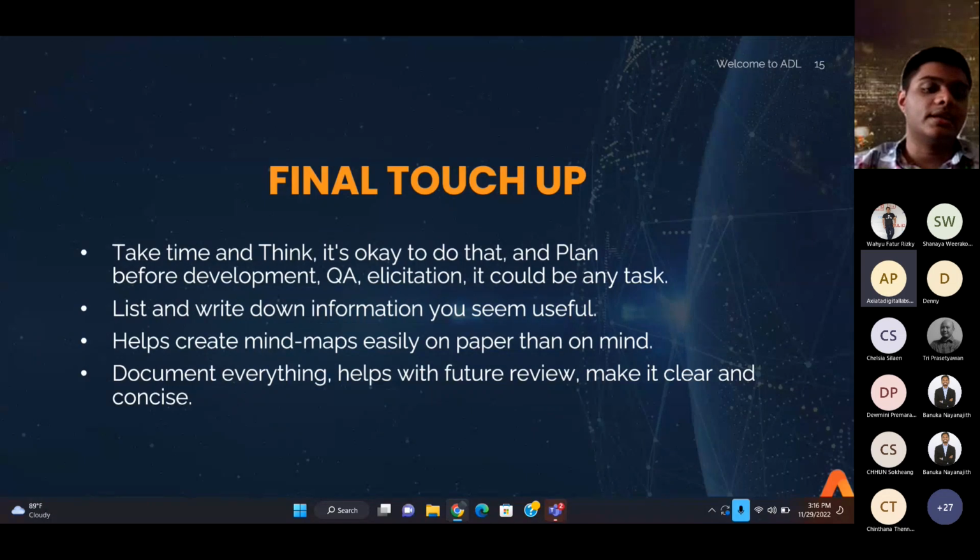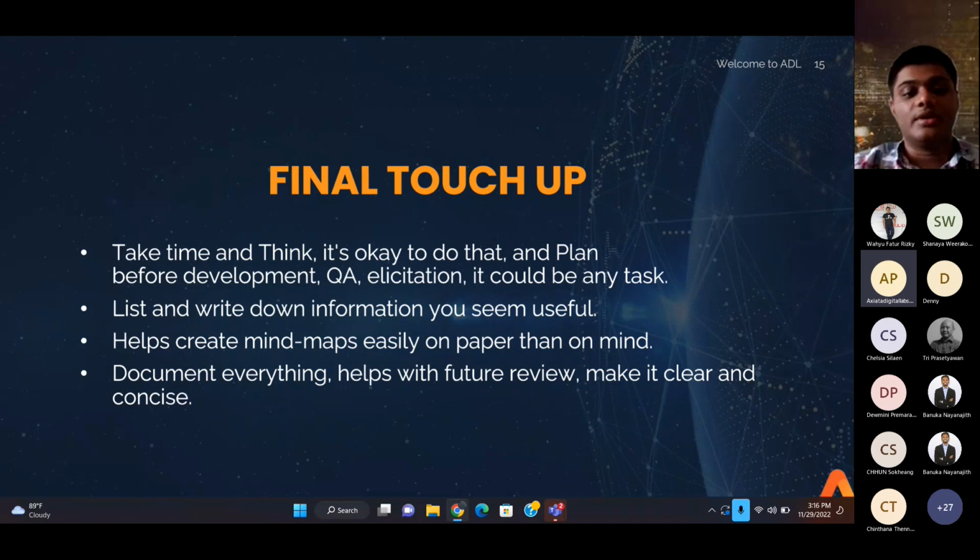Not just starting coding, and no matter what task, allocate at least 25 to 50%, or it depends on the requirements of the task. If it is intense, even more. If you plan it, you will be finding a very simple way to do it, because you will be able to list and write down information.